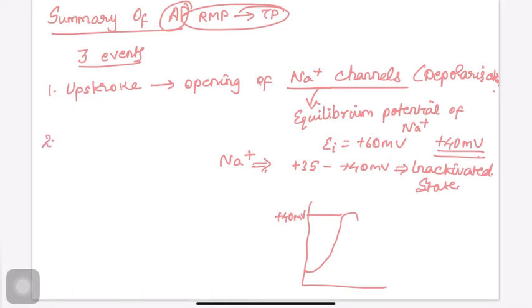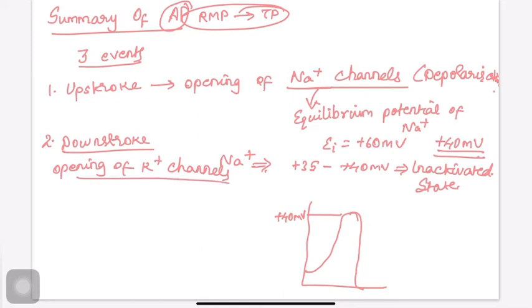The second event is the downstroke. Downstroke is due to opening of voltage gated potassium channels. Potassium channels are characterized by slow opening and delayed closure. As potassium channels open, potassium from inside the cell will go outside.